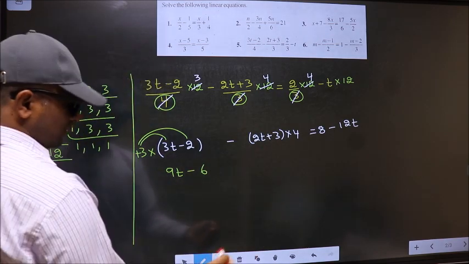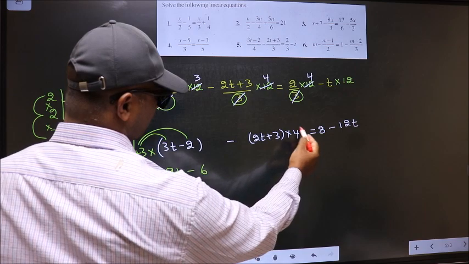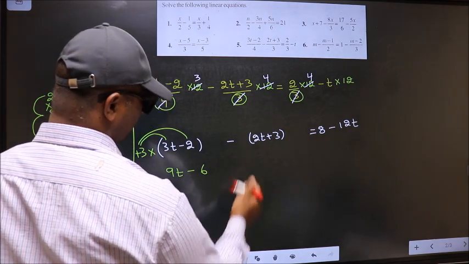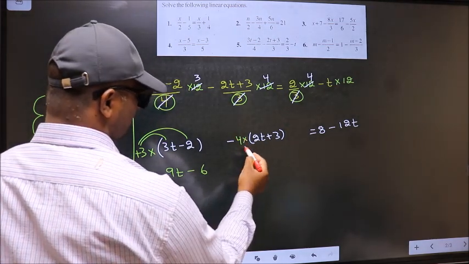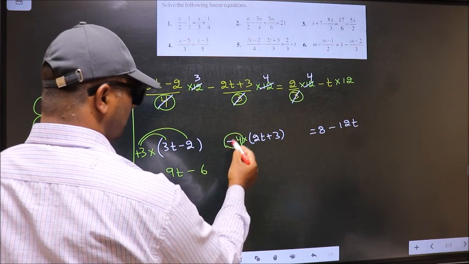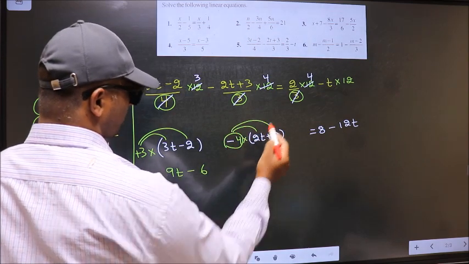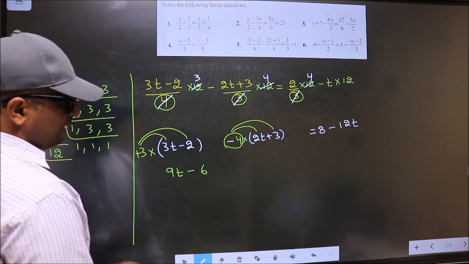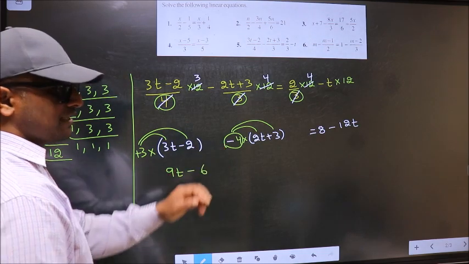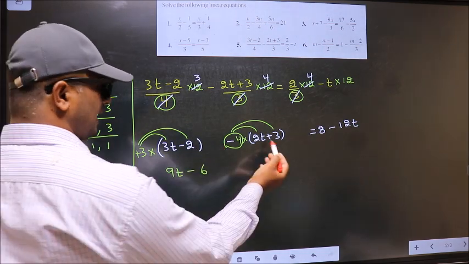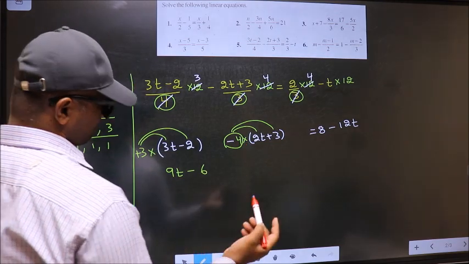Now over here also the same. I want you to write into 4 before the bracket. Now here you should open up the brackets with minus 4. Okay. Many forget to open with negative sign. For that reason I told you to write it before.